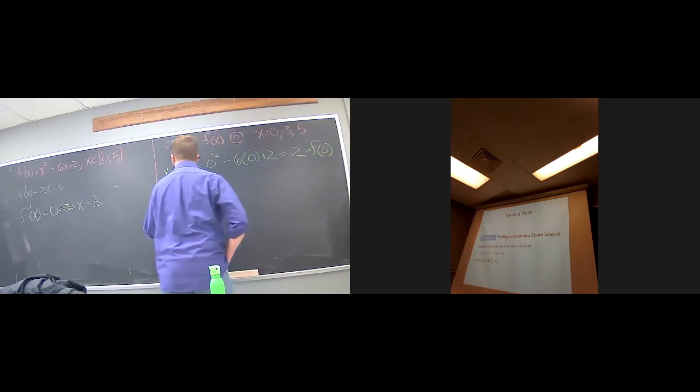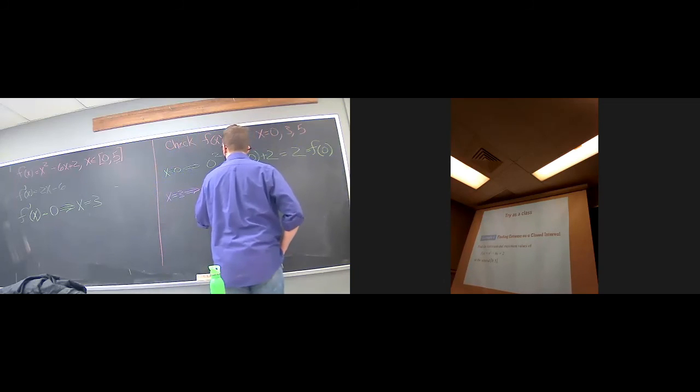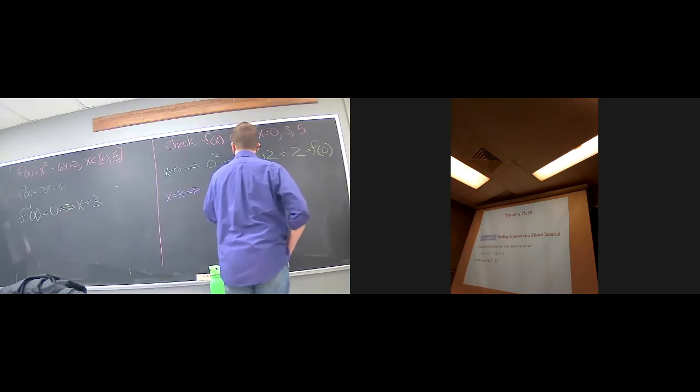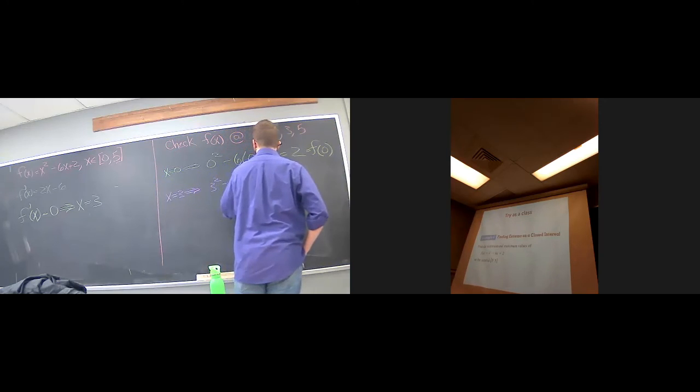Now, at x equal to 3, we've got 3 squared minus 6 times 3 plus 2. So this is going to come out to be 9 minus 18 plus 2, which is -7. It's going to come out to be -7, equal to f at 3.